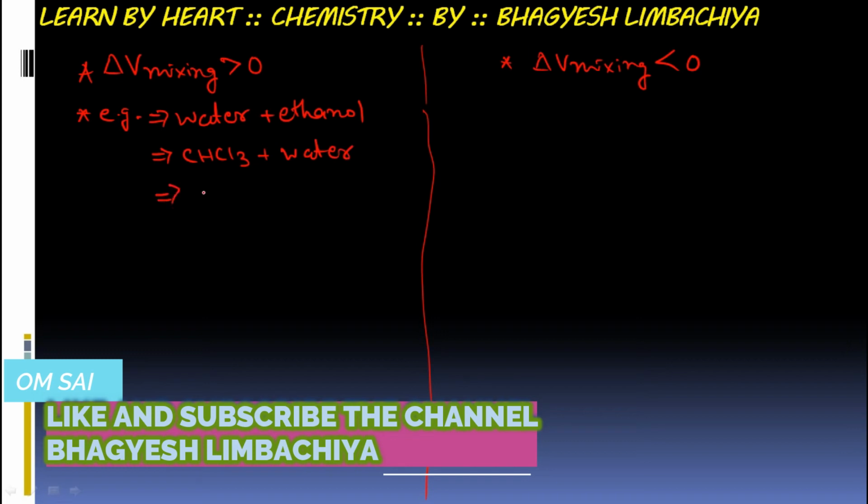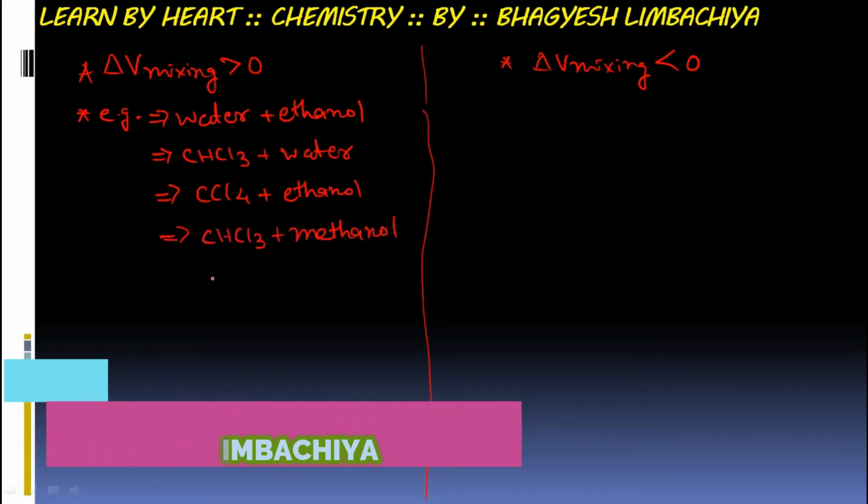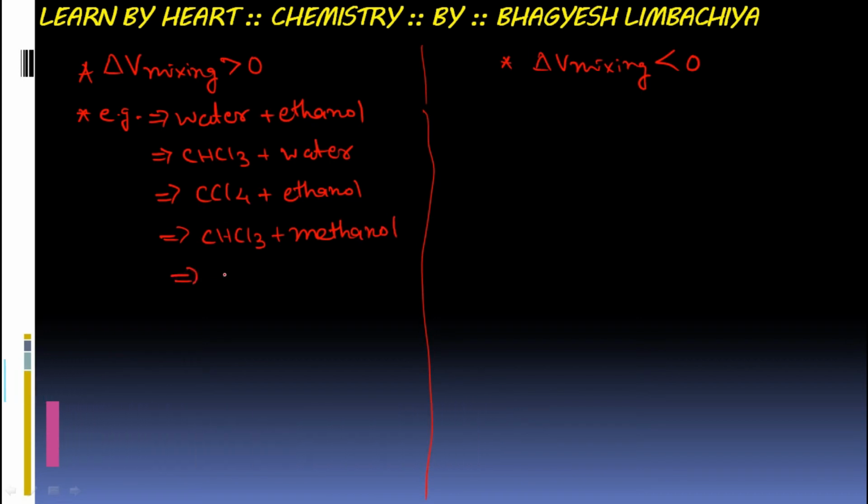Next is ethanol and CCl4. Next is methanol and chloroform. Benzene and methanol. Acetic acid and toluene.